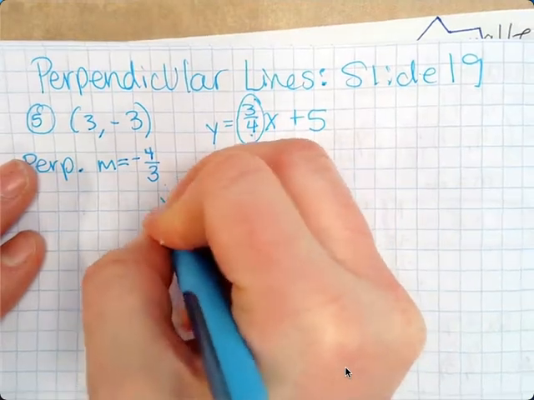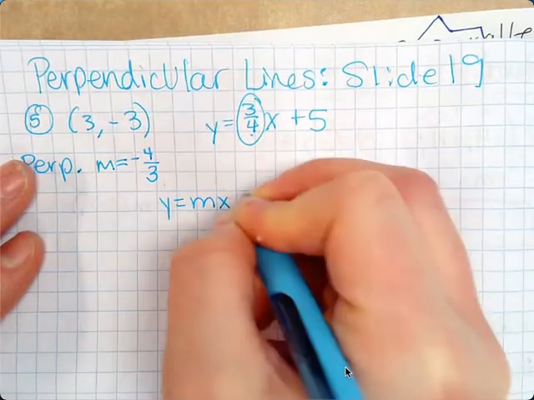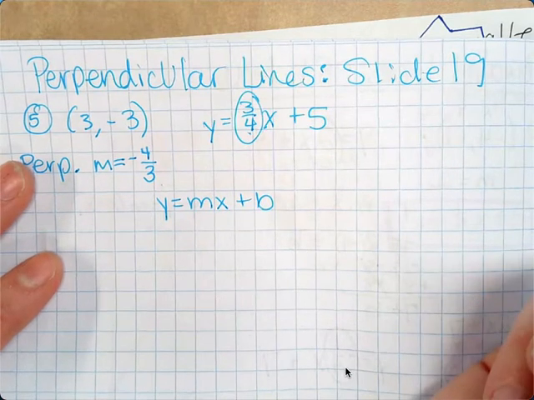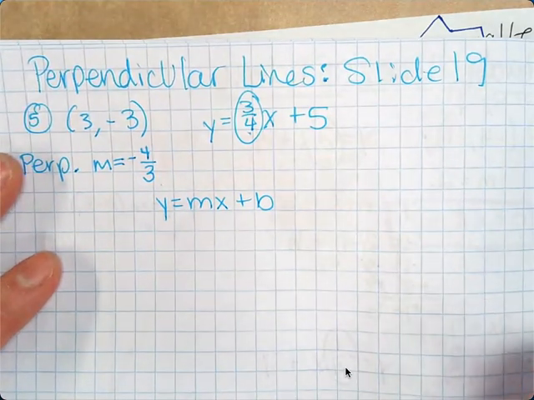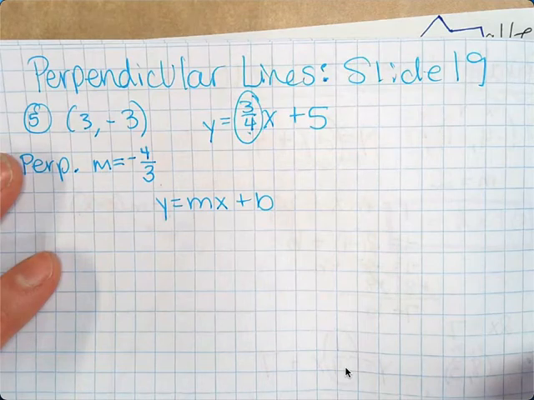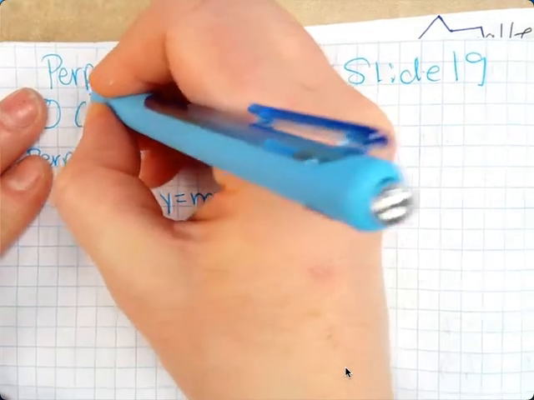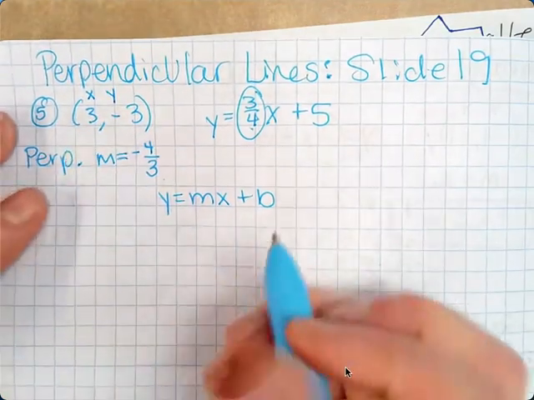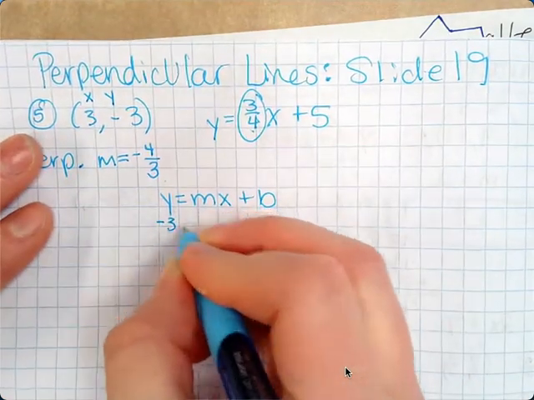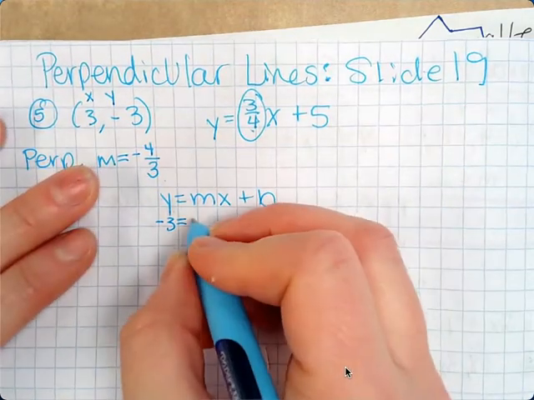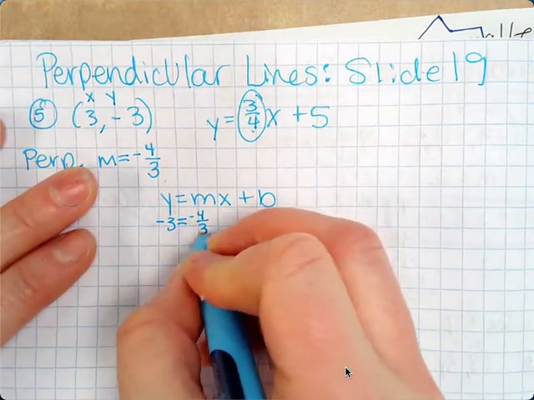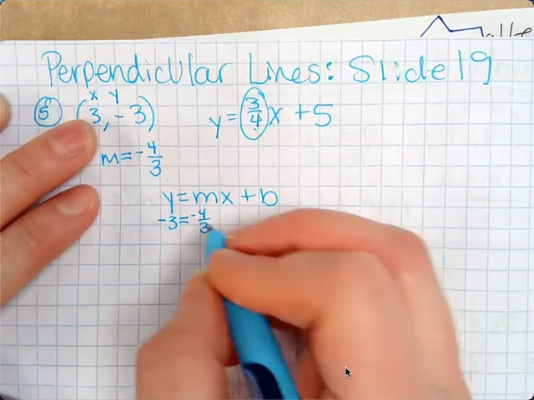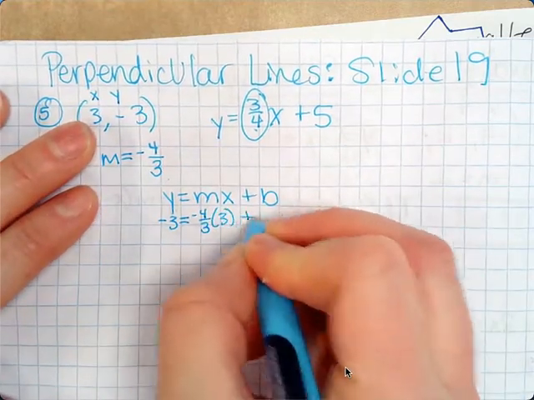So we're going to write the equation. y equals mx plus b. We plug in x, y, and m to find b. So negative 3 equals m, negative 4/3, times x, which was 3, plus b.